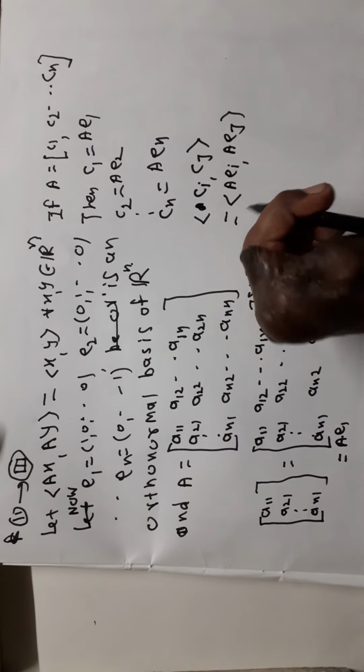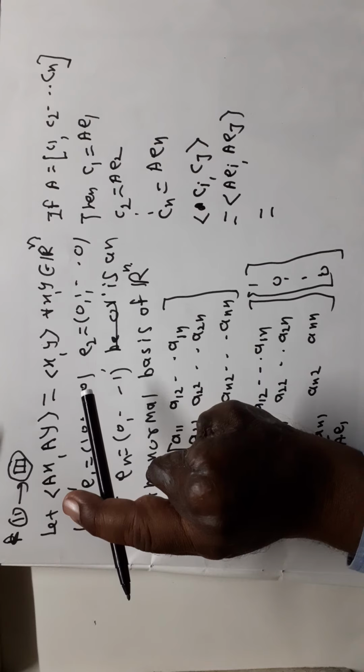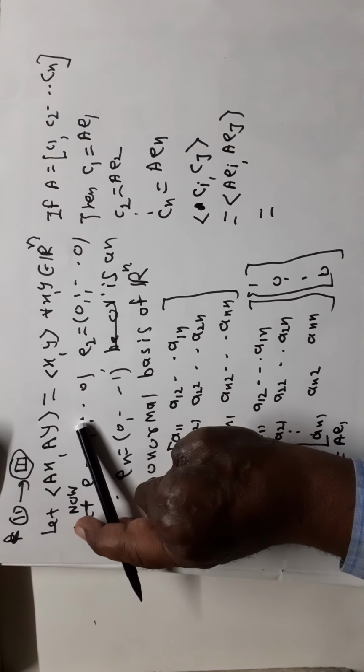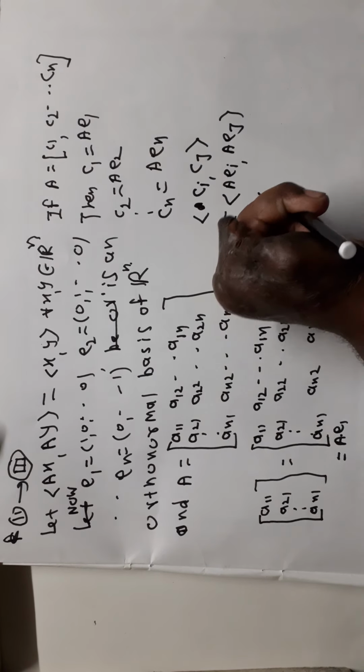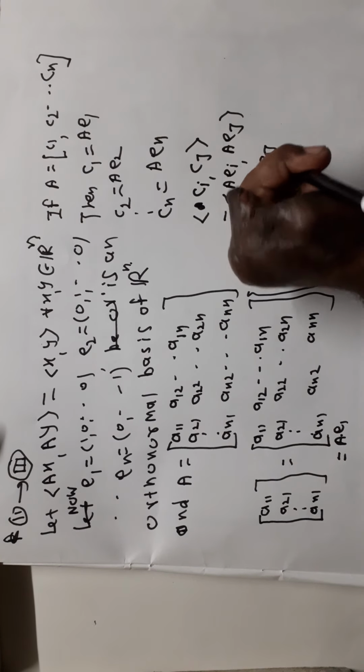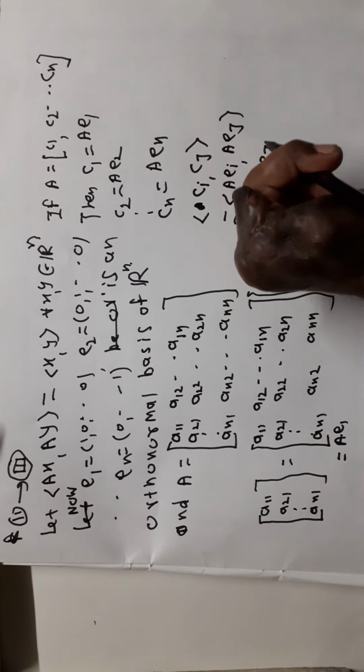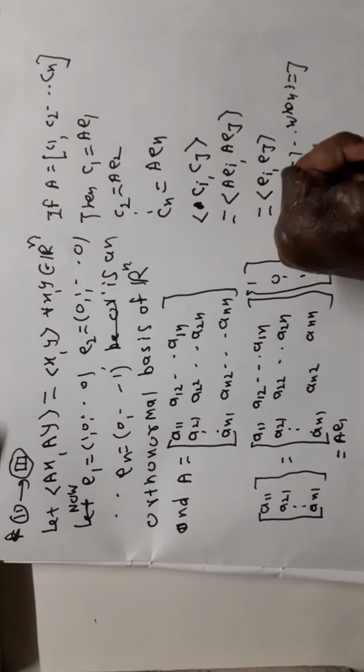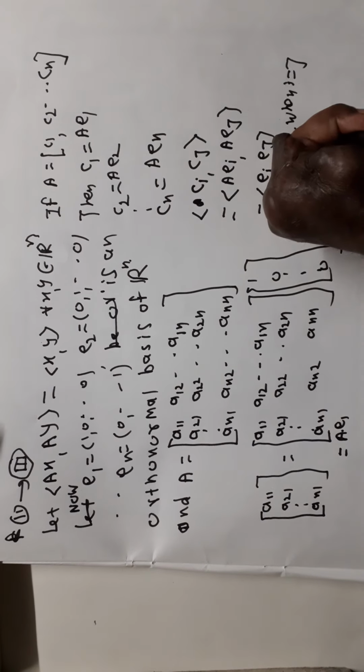But we are assuming that angle bracket Ax, Ay is equal to angle bracket x, y for all x, y belonging to column vectors, that is, elements of Rn, and this according to the given condition is angle bracket Ei, Ej. But angle bracket Ei, Ej is equal to delta ij, which is 1 when i is equal to j, and 0 when i is not equal to j.